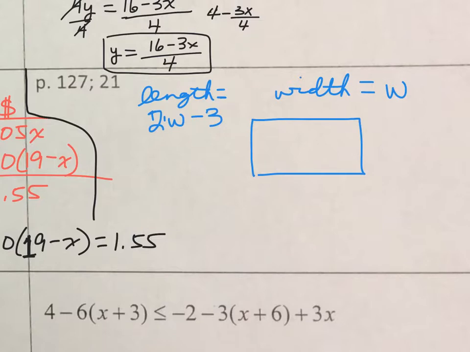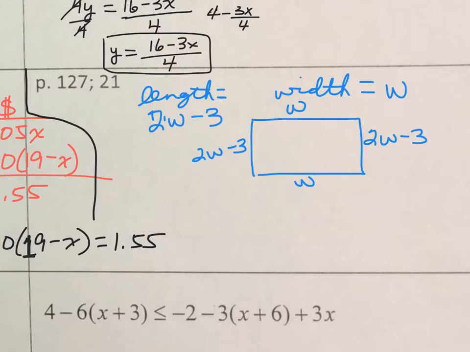So look, if this is the width and this is the length, then it's 2W minus 3. Then that means this guy down here is also W. And this side length over here is also 2W minus 3. And if I add all 4 of those together, I should get the perimeter.